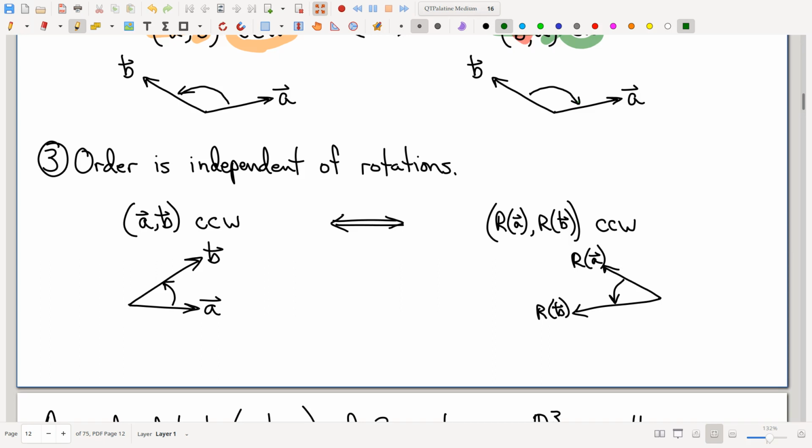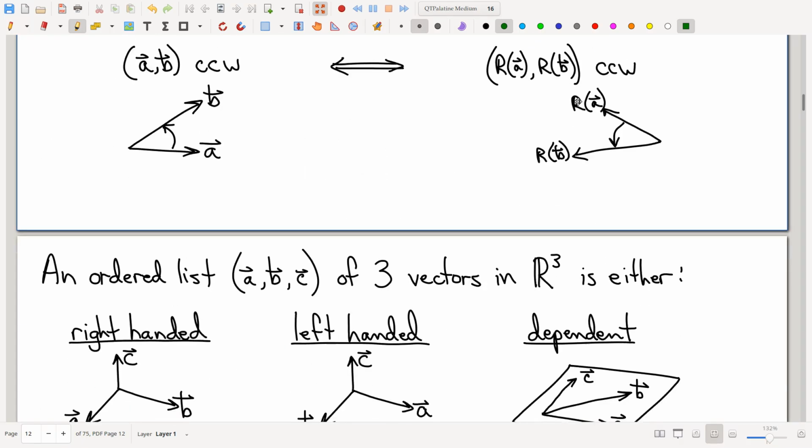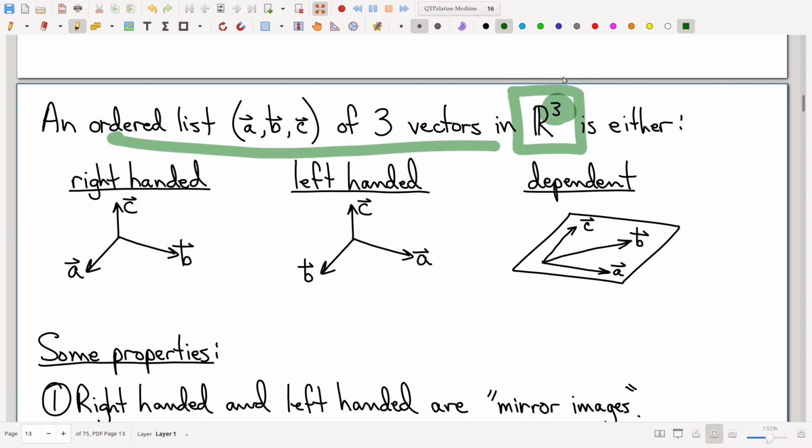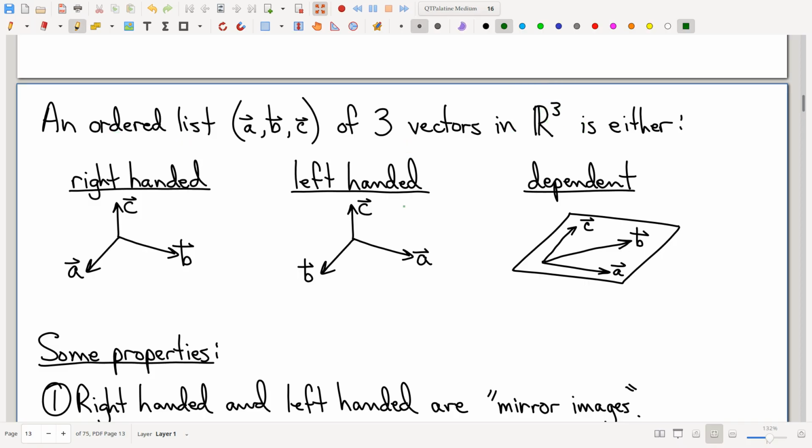All right, so who cares? Well, this is a nice segue into a more sophisticated concept, and that is the three-dimensional version of this. So instead of having two vectors, now if I have an ordered list of three vectors in 3 dimensions instead of 2 dimensions, is there a sort of clockwise, counterclockwise thing?